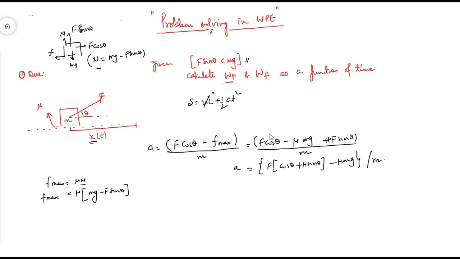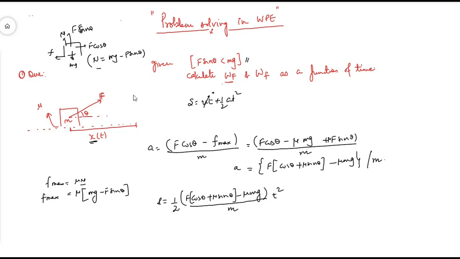This is my acceleration. So my s is going to be ut plus half into this value, that is F cos theta plus nu sine theta minus nu mg, half into this a into t square. So this is my displacement as a function of time.